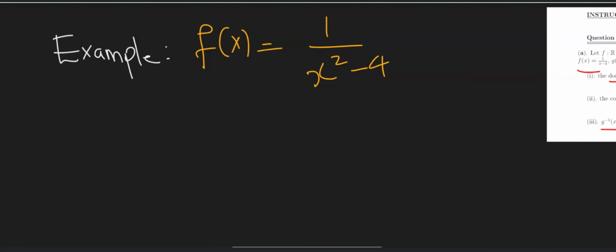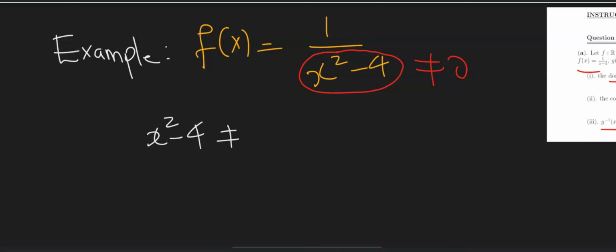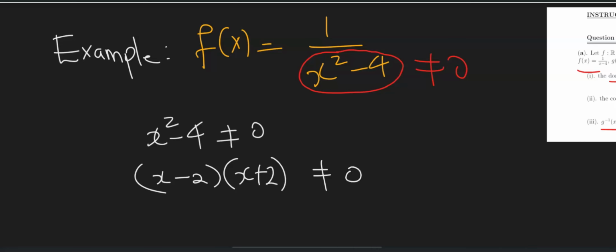How do you do that question? As we said in the rules, the function will be defined when and only when the denominator is not equal to 0. Therefore, x squared minus 4 should not be equal to 0. This is x minus 2 times x plus 2 should not be equal to 0.